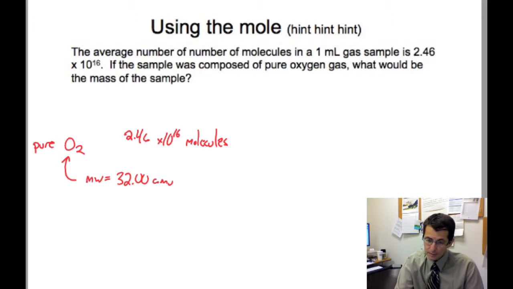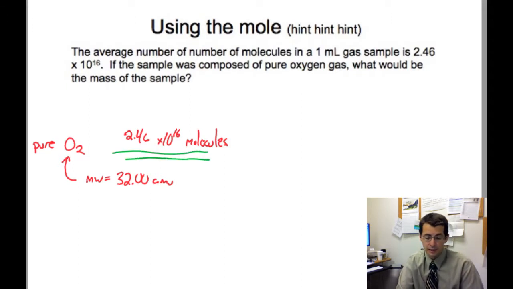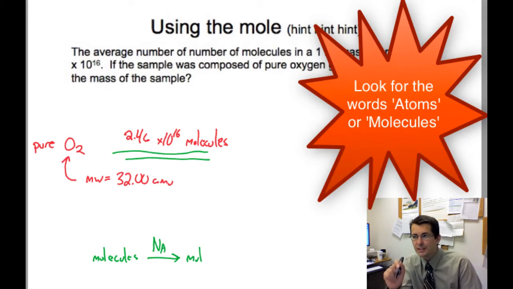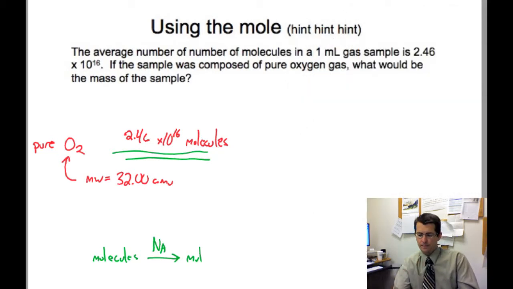Now right here is a huge hint that this is an Avogadro's number related problem, because the only way to convert from molecules into moles is Avogadro's number. So if you see the word molecules or atoms, then you can probably whip out Avogadro's number, but not before.